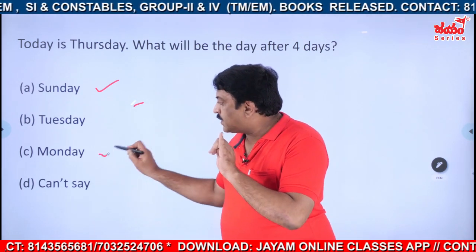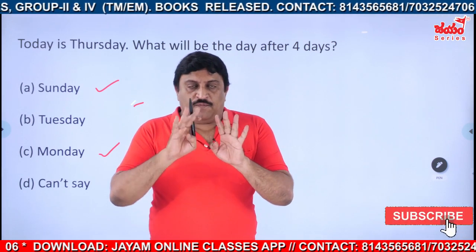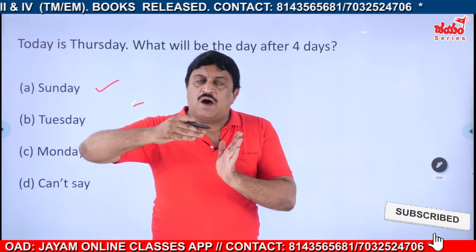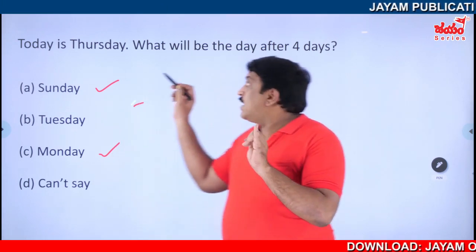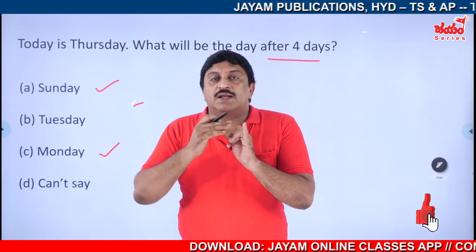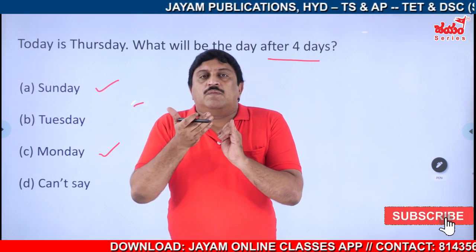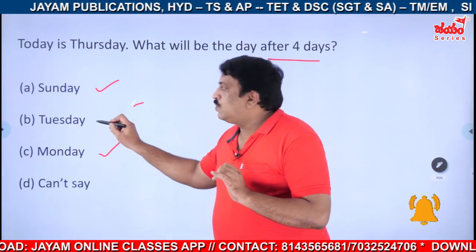So Monday is the chance. Some people say, okay, 4 days means definitely after Thursday, Friday, Saturday, Sunday, Monday, but it is after 4 days. To be more precise, that means after Monday, that is Tuesday.